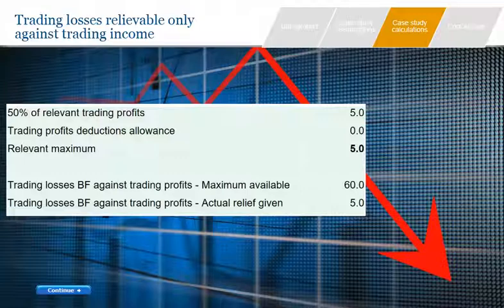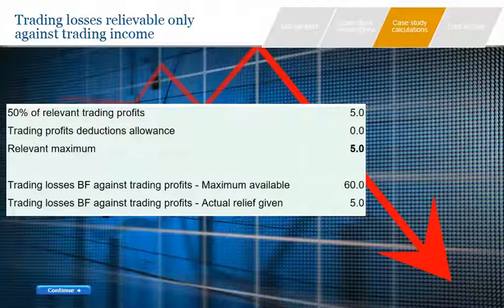To this we add the trading profits deductions allowance to arrive at the relevant maximum, which is the maximum amount of these losses that can be relieved against trading profits. Remember that the overall deductions allowance of 5 million can be allocated at the company's discretion for each of the individual income streams. In our case study, 50% of relevant trading profits is 5 million.